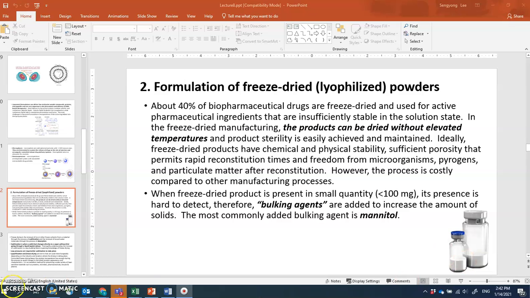Okay. So the main benefit of freeze drying is extended stability of your drug. The main reason of drug going bad during the shelf life is through the chemical process called hydrolysis, right? Normally water molecules are involved in the chemical conversion, we call that hydrolysis. But if you remove water molecules, hydrolysis would not happen.